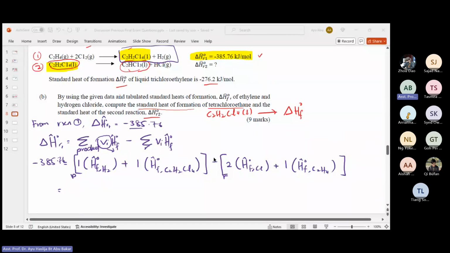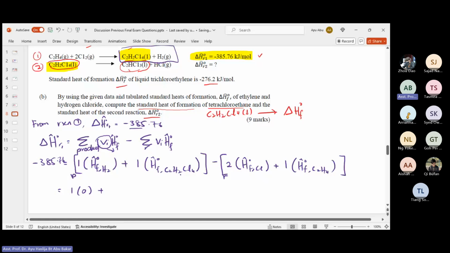The heat of formation of hydrogen, you will find in B1. What is the heat of formation for hydrogen? 0. Yes, correct, because it is an element. The heat of formation for H2 is 0.